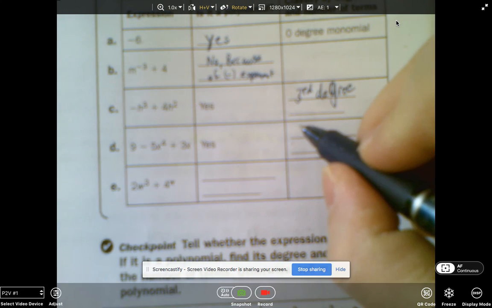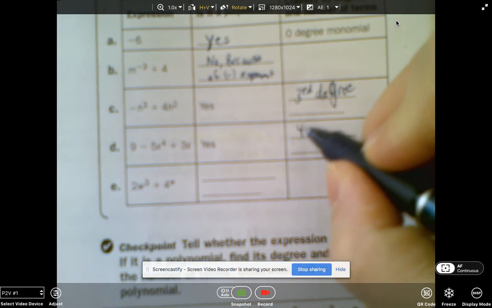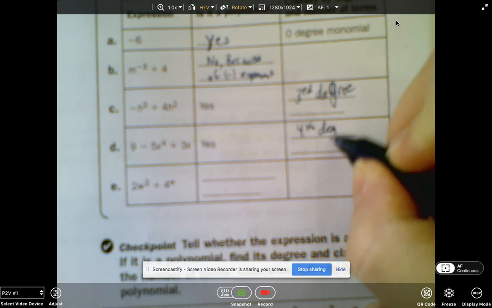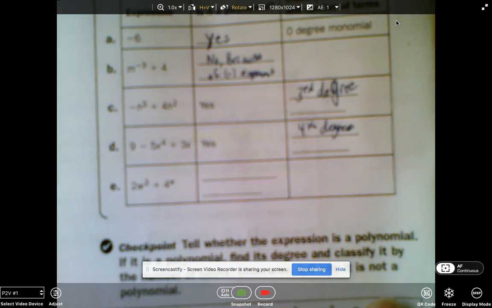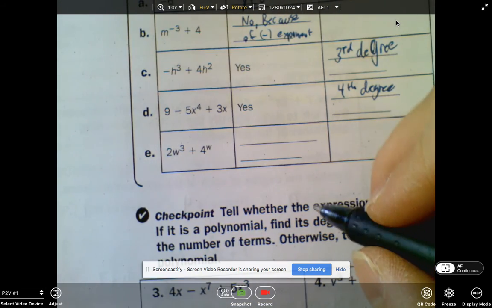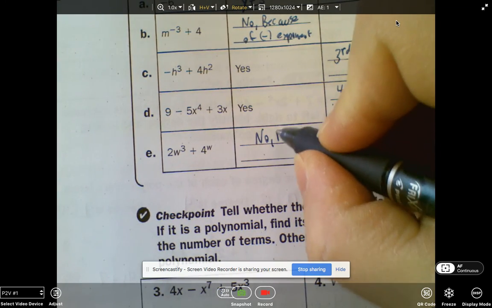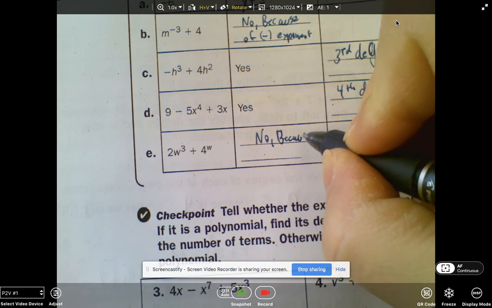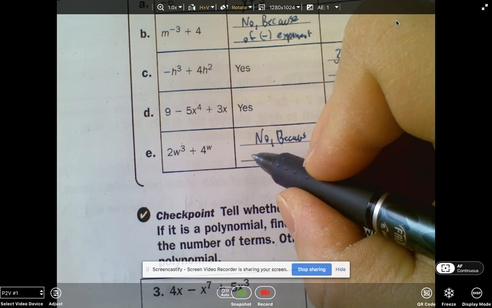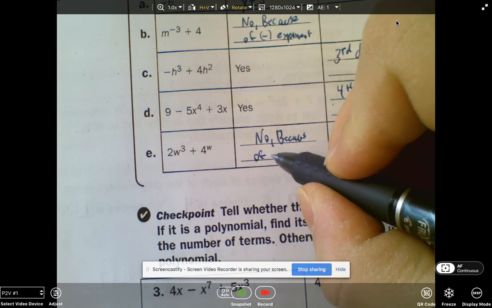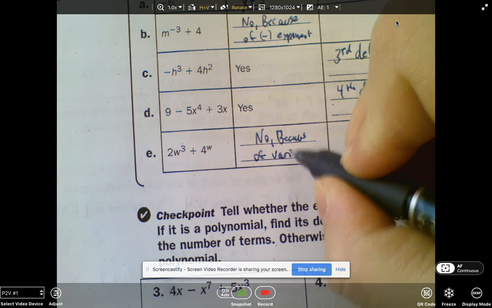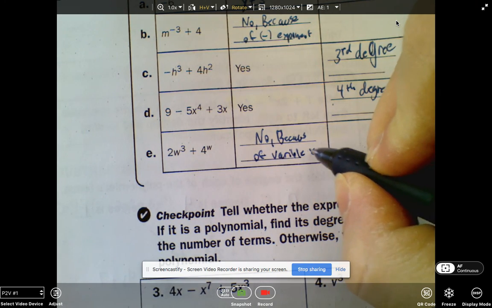And then we would put here 4th degree. And the last one, we would put yes or no for this last one. No, because of variable exponent.